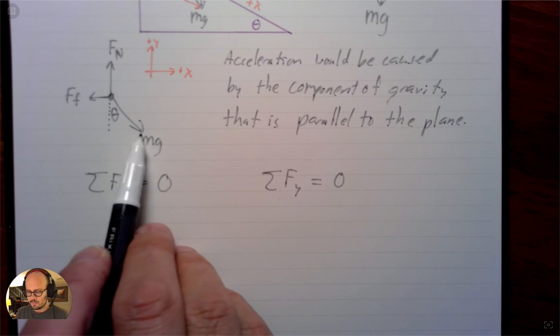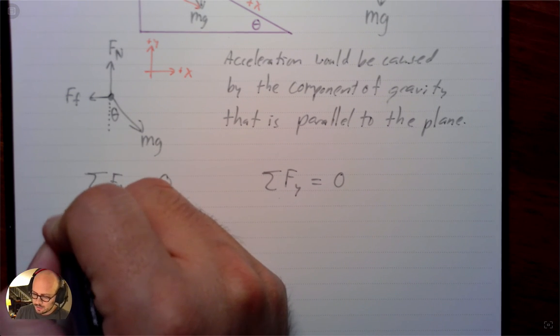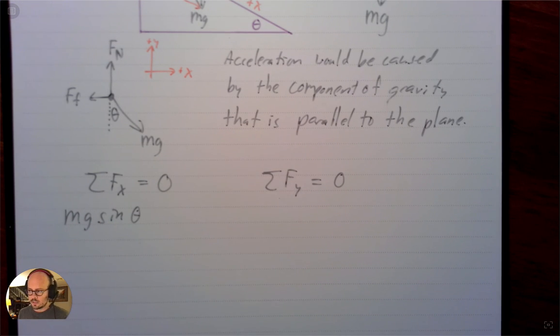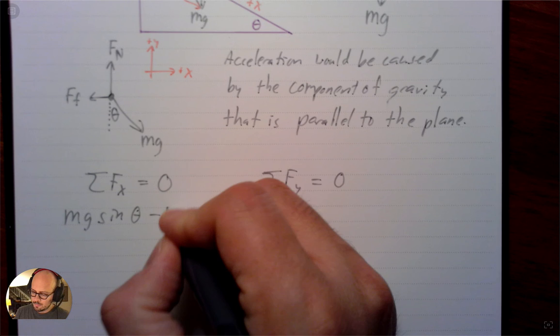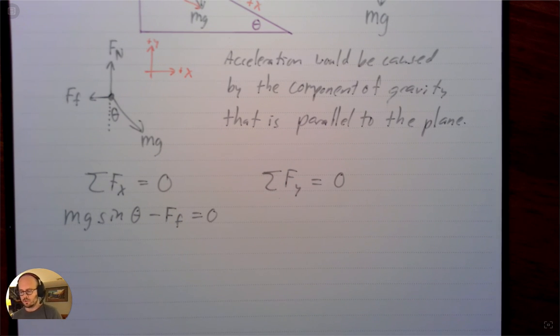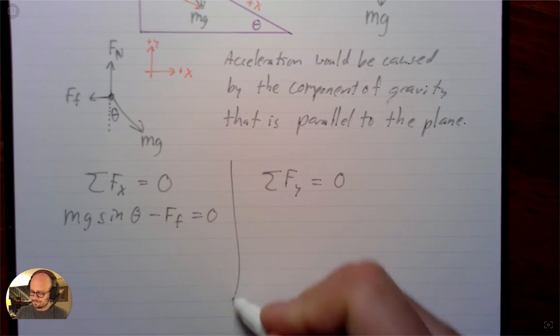And so this component of the weight is going to be mg sine theta, and that's going to be the positive force minus friction, and that's going to be equal to 0. So I could add friction to both sides. I have a nice equality that I can work with in a variety of settings.